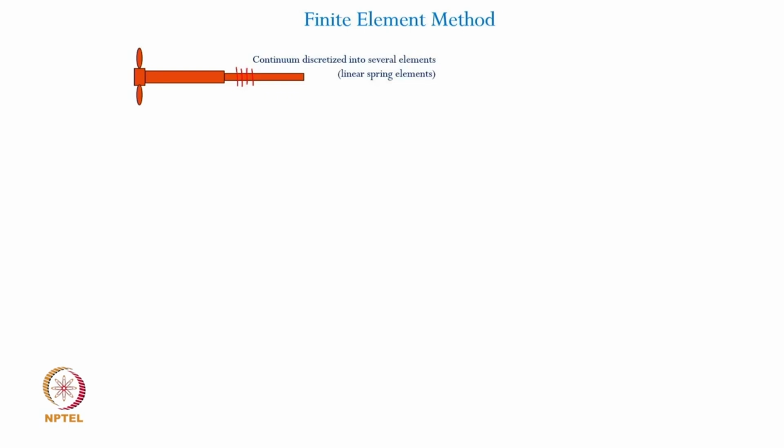So, the method here as well looks at the continua as an assemblage of several small segments interconnected to each other. And in this particular discussion, we will look at this method for solving both the torsional or longitudinal vibration problem as well as a beam lateral vibration problem.